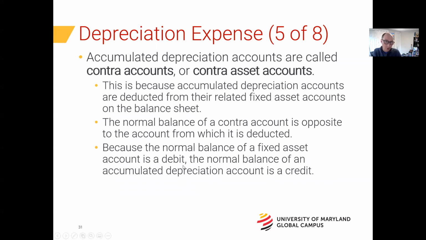And thus we call accumulated depreciation a contra account, or contra asset account. It's because as we reduce the fixed asset value or increase the accumulated depreciation, our total assets are always in balance with our liabilities plus equity.